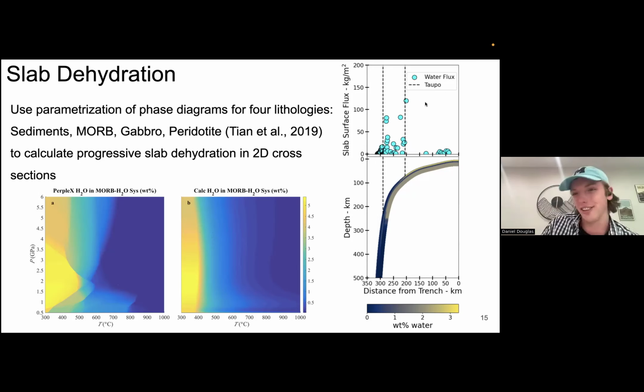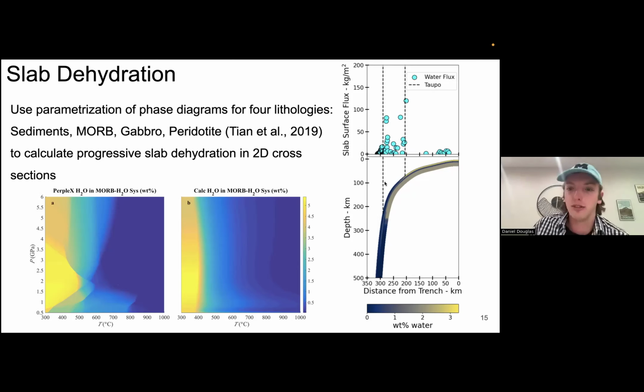And this is the result that we get using this parametrization. The top panel is showing the surface flux of water, and the bottom is showing the weight percent water distribution through a cross-section of my slab with depth. What we're seeing is initial sediment dehydration at shallow depths, and then we get a big spike in devolatilization in this part of the slab.